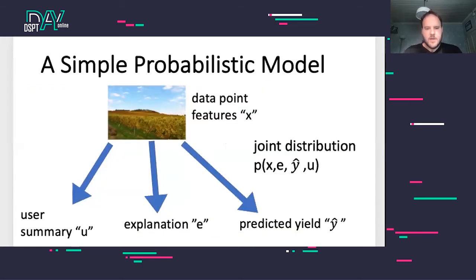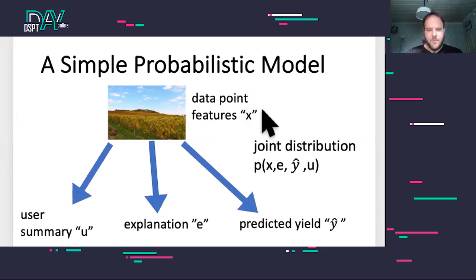Up to now, our discussion of explainable machine learning was rather informal and on a very high level. To obtain a more principled approach for constructing optimal explanations, we will use a simple probabilistic model. Within this probabilistic model, we interpret the prediction y hat obtained by a machine learning method, the user knowledge or user summary U, and the explanation E, as well as the features of a data point, as random variables.